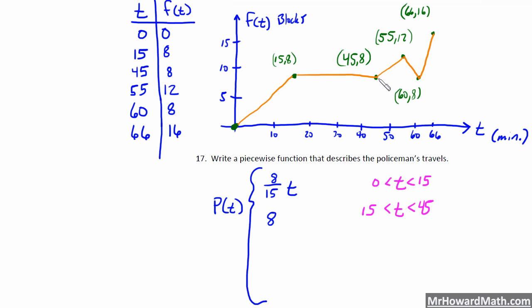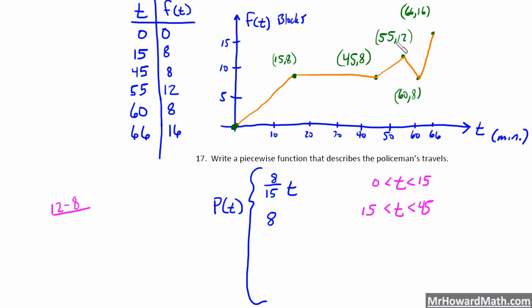Alright, the next section has these 2 points in them. These numbers are pretty simple, so we could put them in the calculator, but they're pretty easy to work with. So it would be the change in y, so 12 minus 8. I'll write it over here to the side and then we'll erase it in a minute.